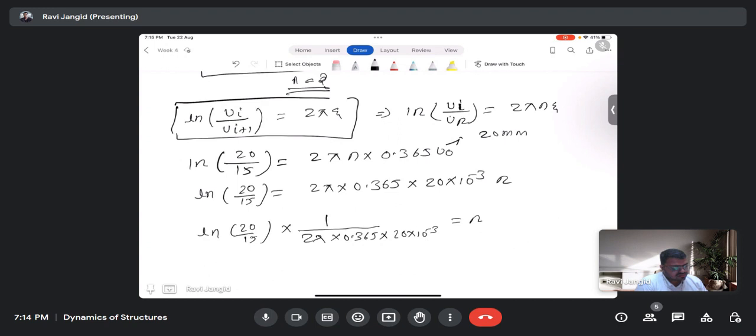Can you please go for a problem? Actually, 20 meters is given. No, 20 mm. 35. 35 cycles. Let me cross check what I'm getting.